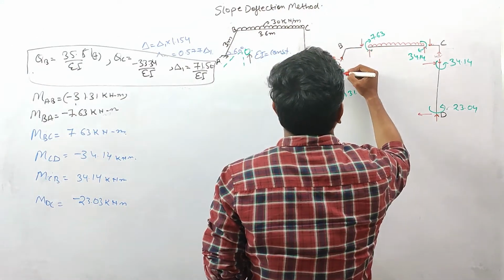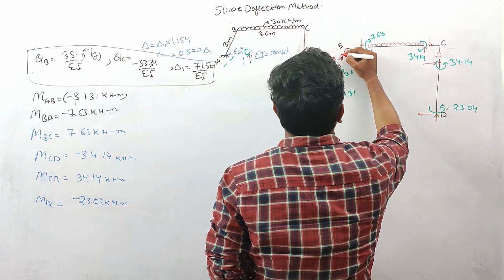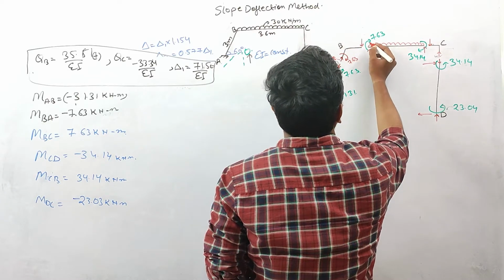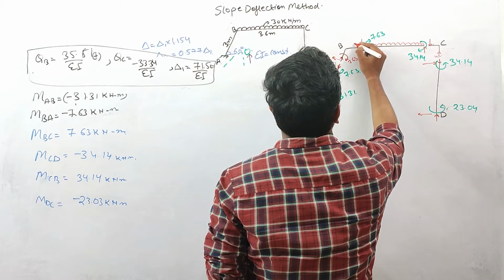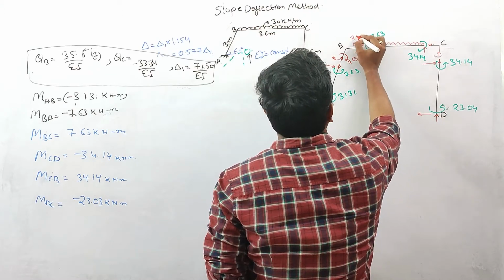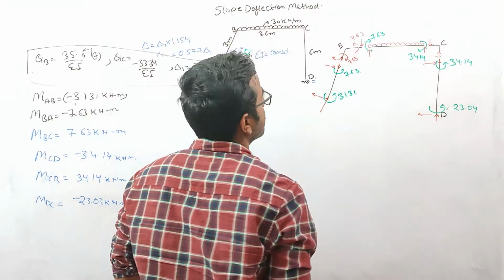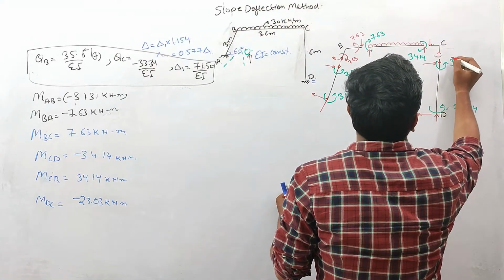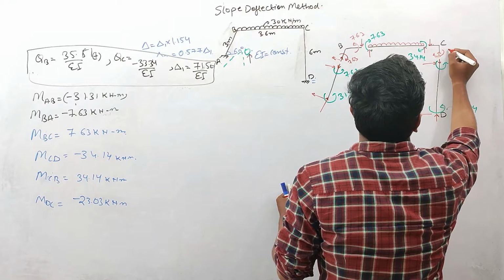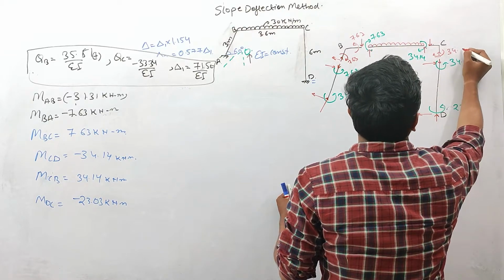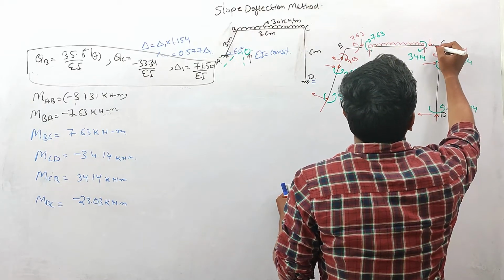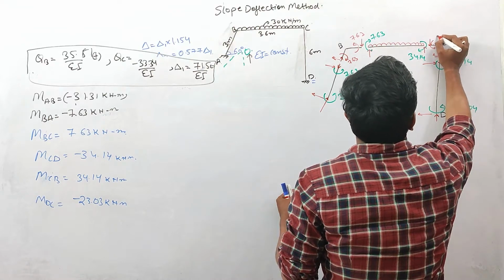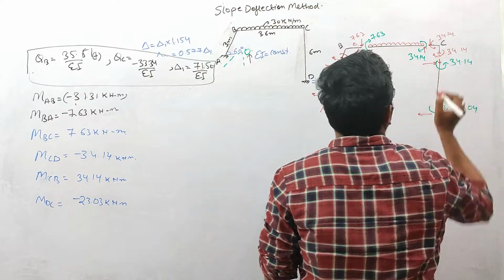This is 7.63, which is clockwise, so there will be an anti-clockwise moment of 7.63. Similarly, this is anti-clockwise, so there is a clockwise moment of 34.14. This is clockwise, so there will be one anti-clockwise moment, 34.14.